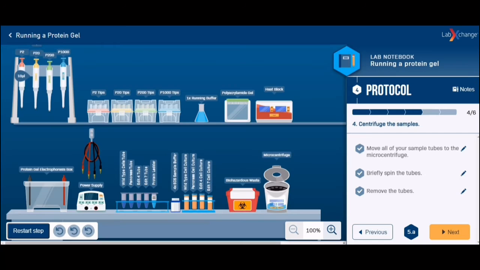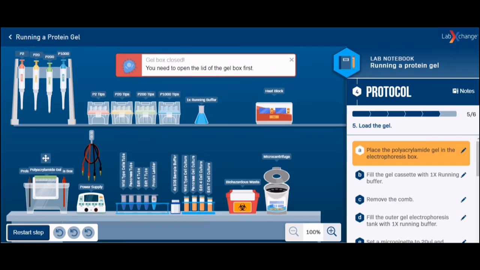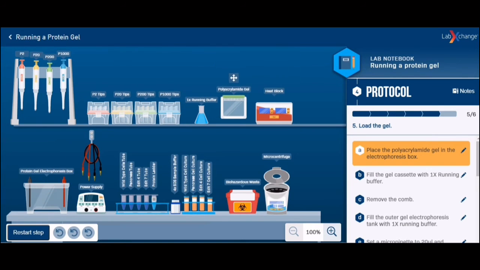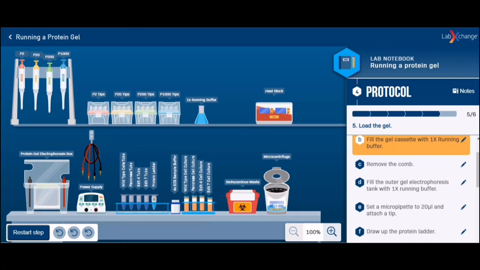Next, we will go to the fifth protocol, that is load the gel. Okay, first we'll place the polyacrylamide gel in the electrophoresis box. We need to open the lid and put it inside. And second, we fill the gel cassette with 1 times running buffer.